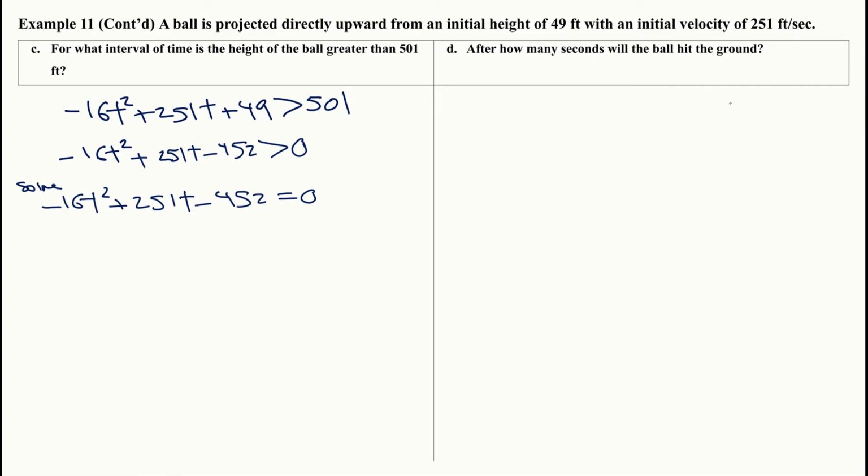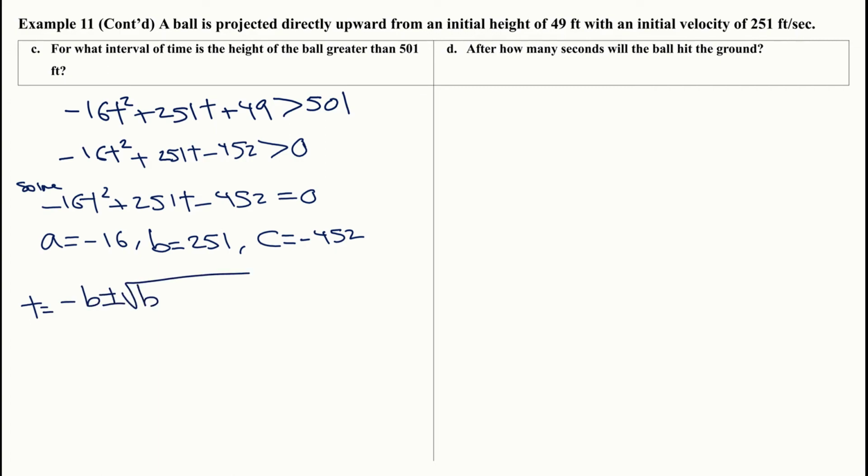So here we have A is negative 16, B is 251, C is negative 452. So t is going to be negative B, we're just going to apply the quadratic formula, plus or minus square root of B squared minus 4AC over 2A.